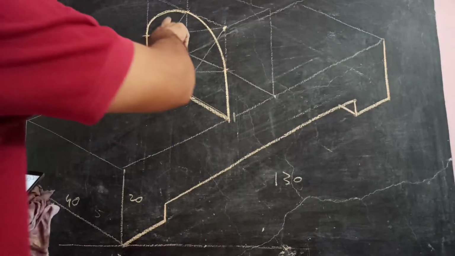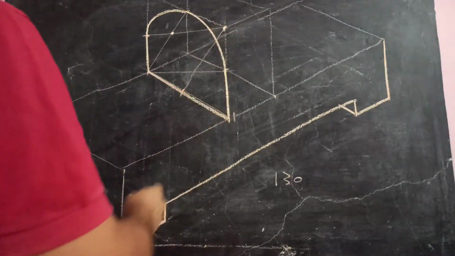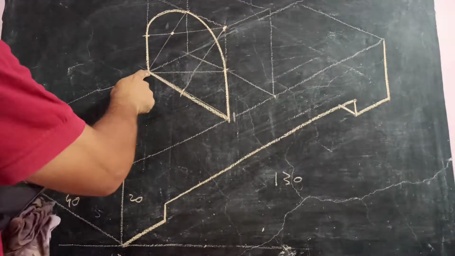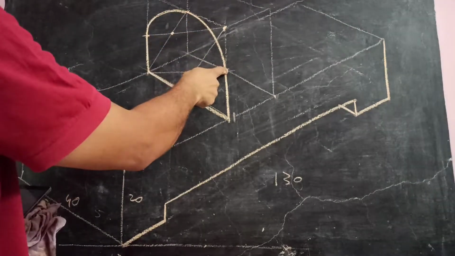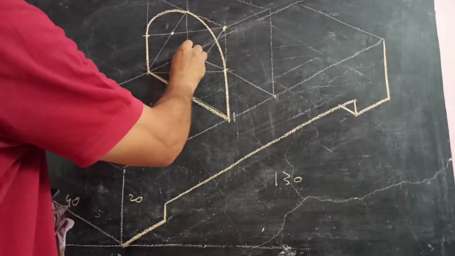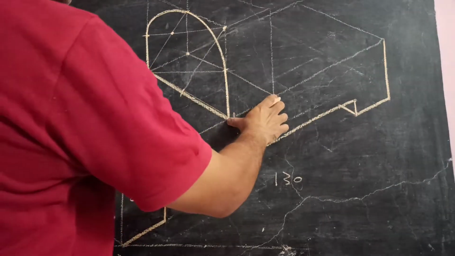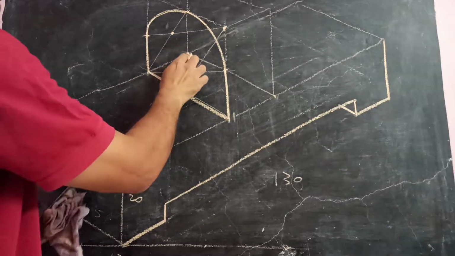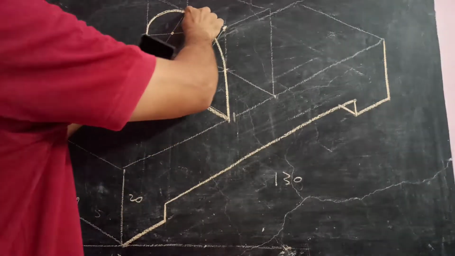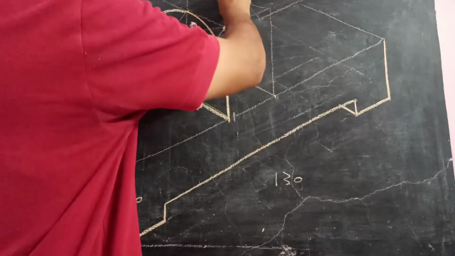Then the same round is here also. So no need to do all these things again. We have used this one for this curve. So transfer this center by 20, because this length is 20. Take this same radius. From here you can draw it like this.